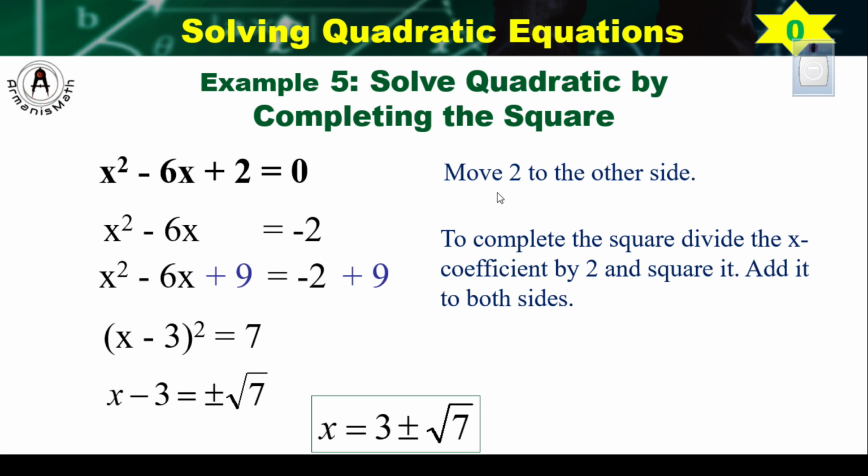So you move to the other side, complete the square, divide the coefficient of the x by 2, and then square it, add it to both sides, and that's what we've talked about a minute ago. Not all of them are simple like this one. Sometimes when you add this bucket, it doesn't just give you a nice looking number like this. It might give you some weird fractions.